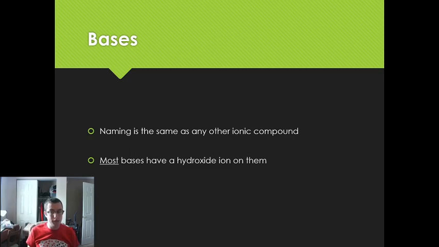This should just be brushing off cobwebs. The vast majority of bases have a hydroxide ion on them. Most of them do. If they don't, there will be some other way in the problem to figure out whether it's a base or not. When we get there, I think it's next week or the next video, we'll talk about that a little more.